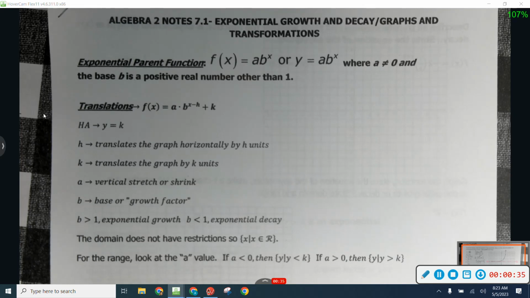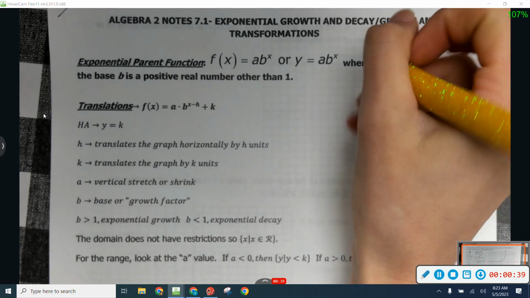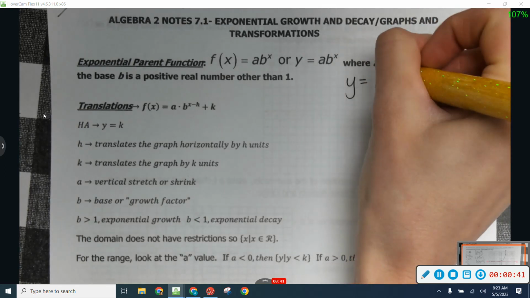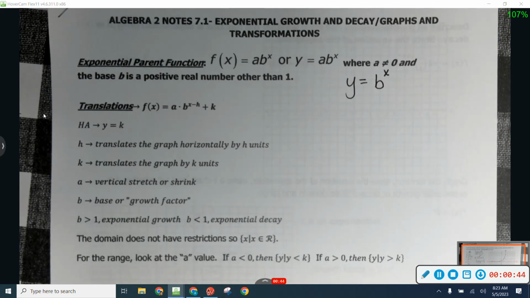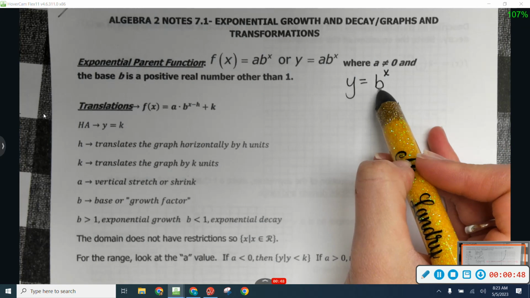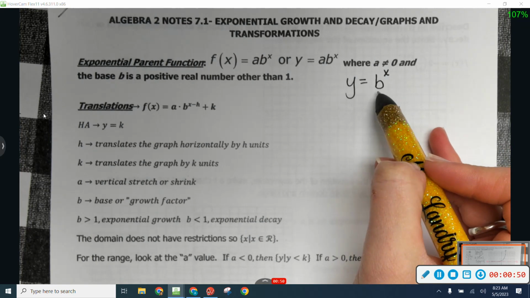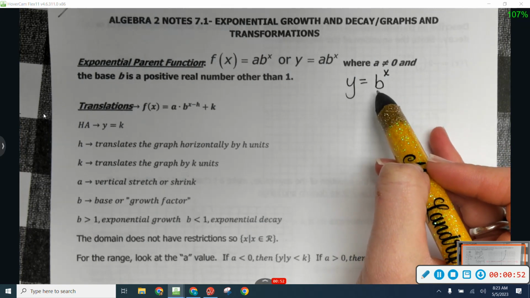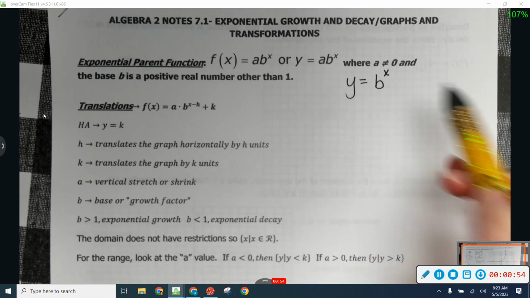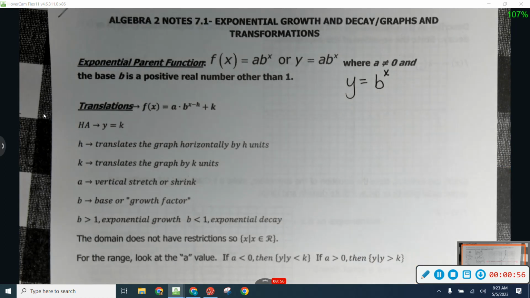Your parent function for exponential functions is really y equals b to the x. That a shouldn't be included. This b could be any number. So typically a parent function is the same no matter what. So the linear parent function is y equals x, quadratic is y equals x squared, cubic y equals x cubed, no matter what.